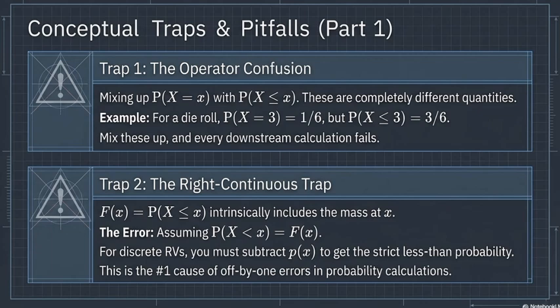And there is one more confusion we face: probability of X equals x and probability of X less than or equal to x. These are completely different quantities. Probability of X equals 3 is 1 by 6 for a die, and X less than or equal to 3 will be 3 by 6 for a die. Then the CDF is right continuous, not left continuous.